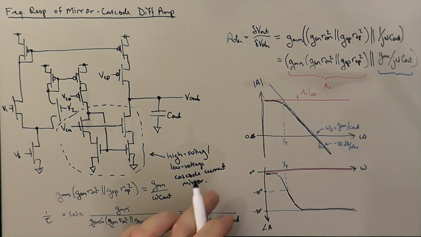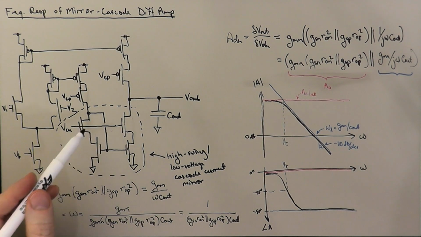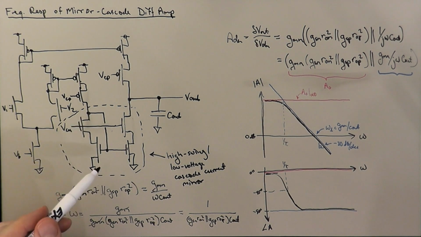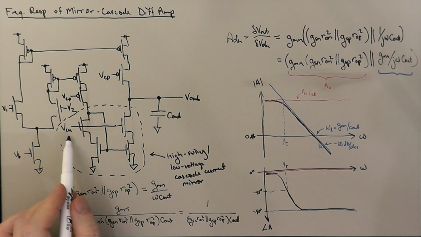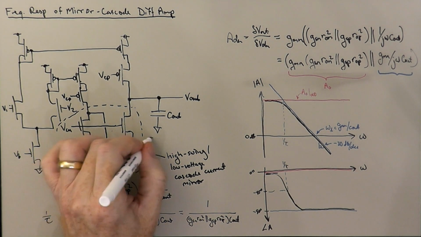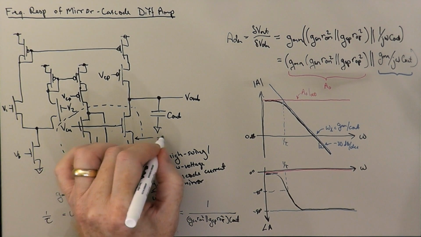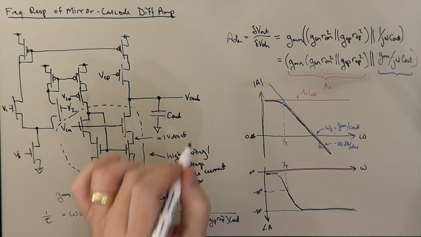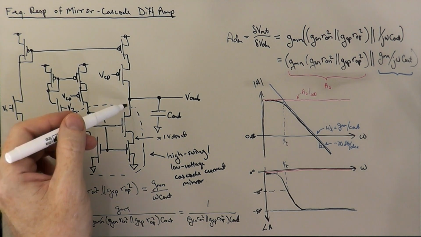It has basically the input voltage requirement of a simple current mirror. It's basically one diode drop as the input voltage above ground. And if we bias the cascode properly so that this node and also this other node here wind up being about 1 VDS sat above ground, then we have a very, very wide output swing.